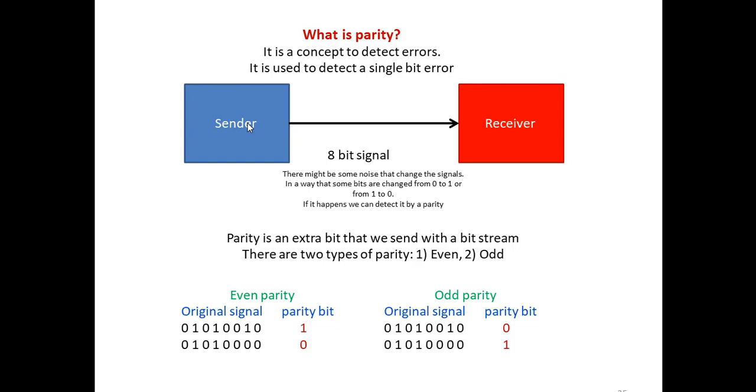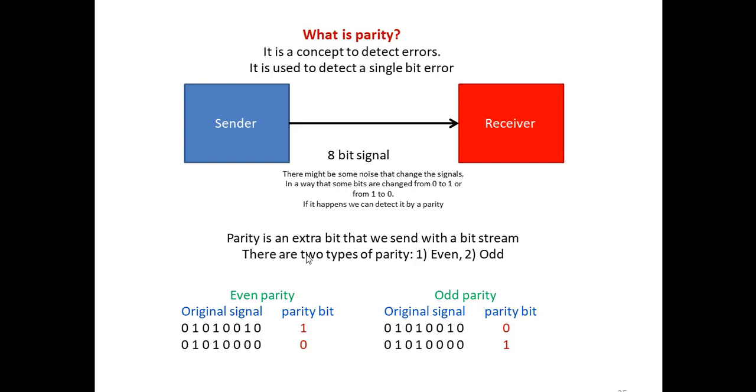The sender knows the 8-bit signal, with 0s and 1s in it, but throughout its transfer from the sender to the receiver, something happens, and you will have noise. Parity is a way to detect that noise and tell you that we are having this error. This is the way that parity actually works.